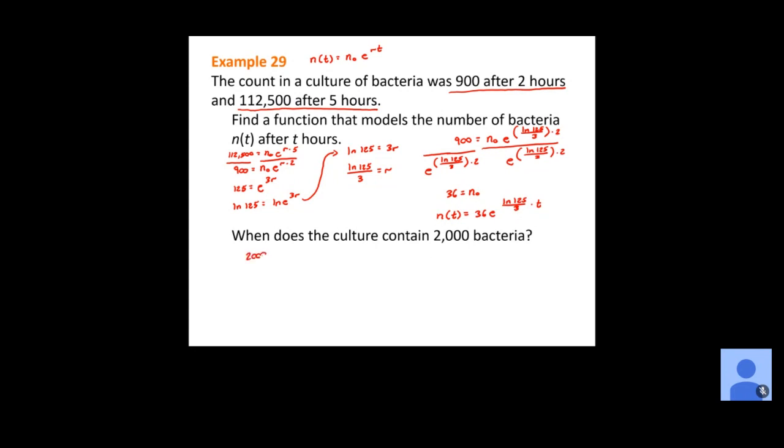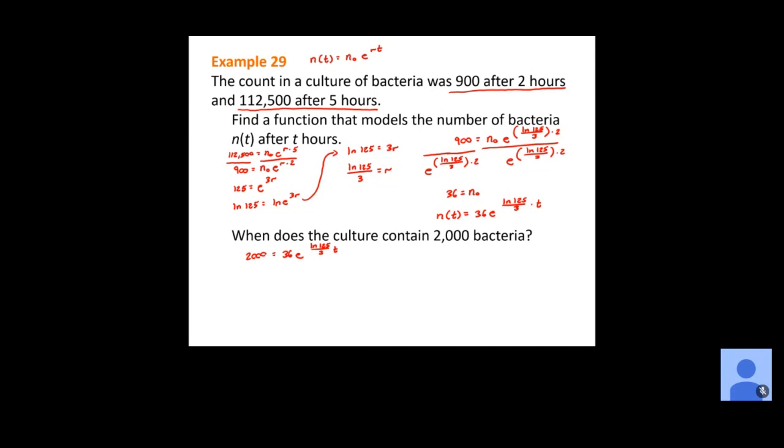So we're going to have 2,000 equals 36 times e to the natural log 125 over 3 times t. What are we going to have to do first to get t by itself here? Good. Divide by the 36.